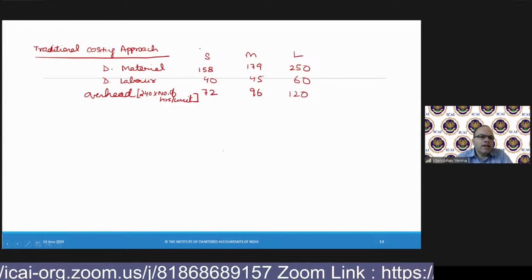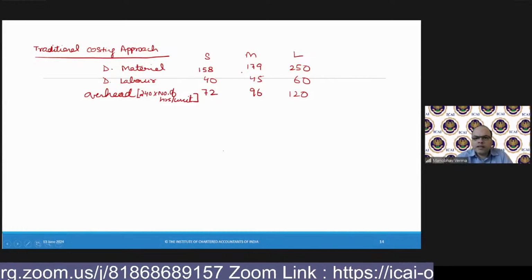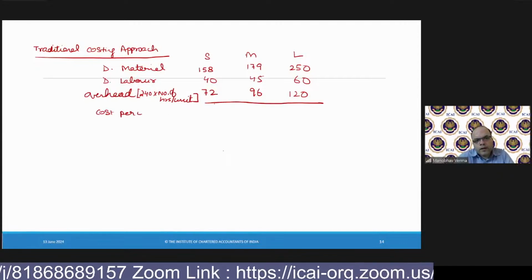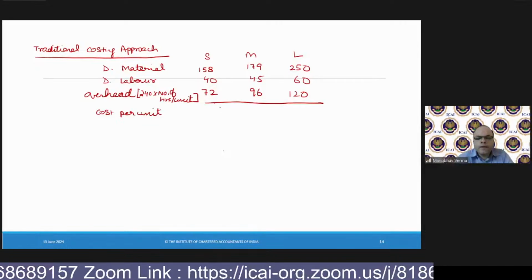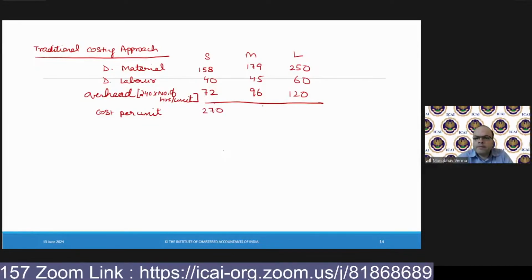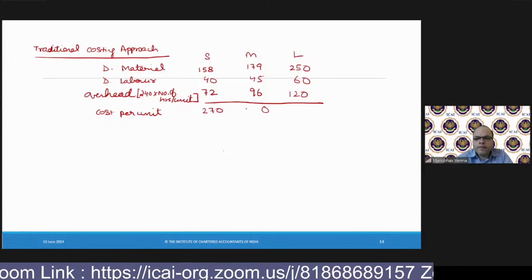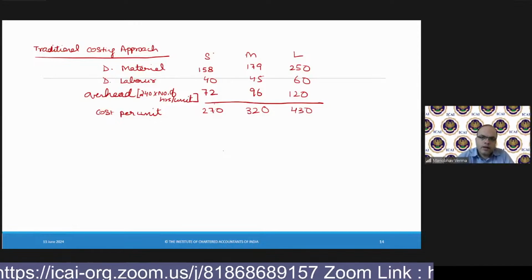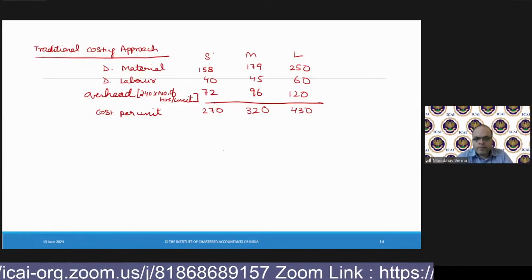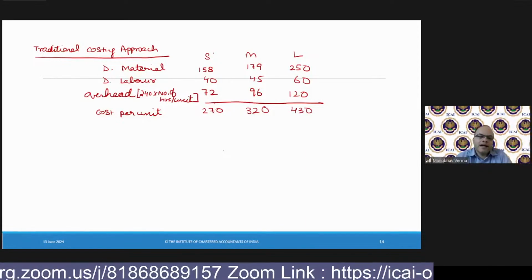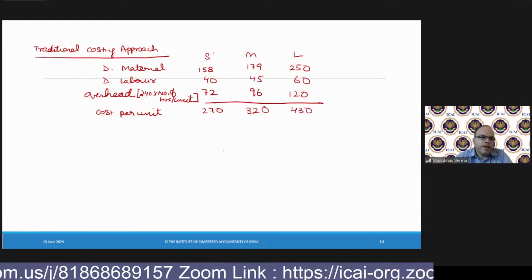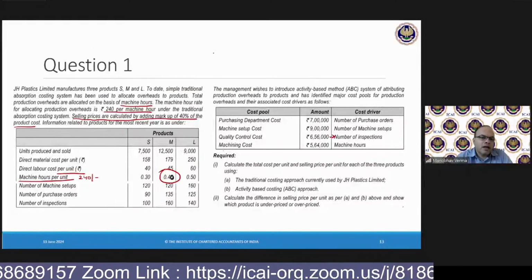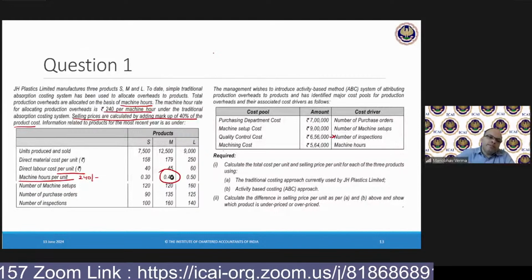Based on this, what is my cost per unit? Let's quickly catch up that as well. You get 270 here, 320, and 430. 270, 320, and 430 here. And I believe in the question itself, we are talking about pricing calculated by adding a markup of 40% of the product cost.